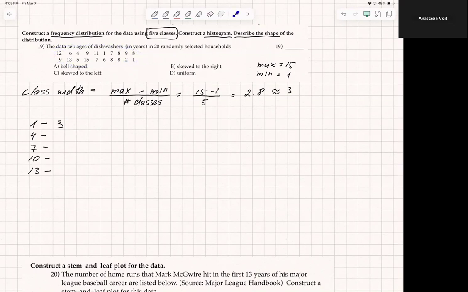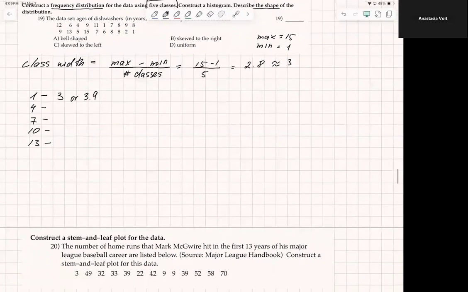So the next one will be 1 less than 7, it's 6, or you can also say 6.9. Next one will be 10 minus 1, that's just 9, or 9.9 if you want, right? And the next one will be 13 minus 1, so that's going to be 12, right?